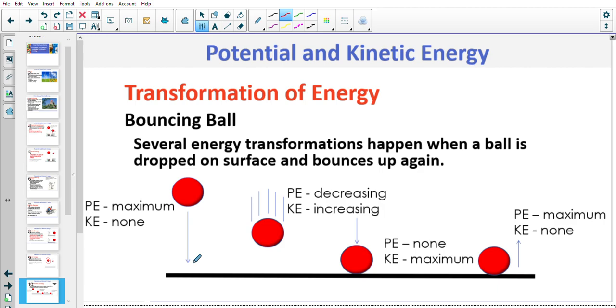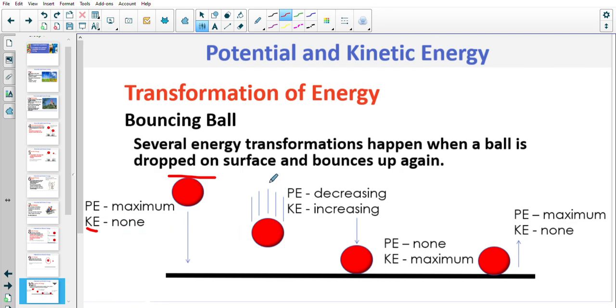Now a bouncing ball, there are going to be transformations. When it reaches its apex, at the very top, it stops for a split second, and that's when the potential energy is at its absolute maximum. At that millisecond there is no kinetic energy because it is completely stopped.